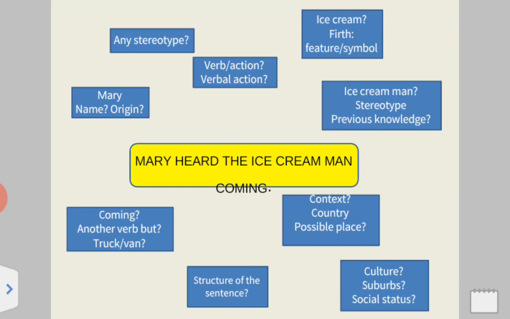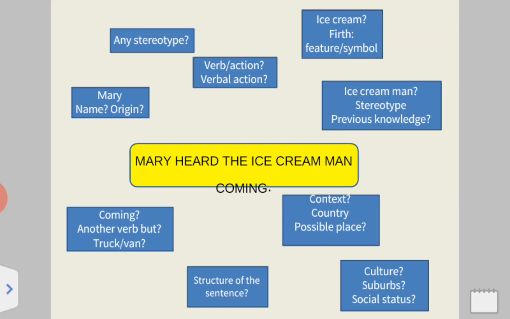But they want to have more calm. They want to live in a bigger place. They want to have a different life. So probably they have a good socioeconomic status.